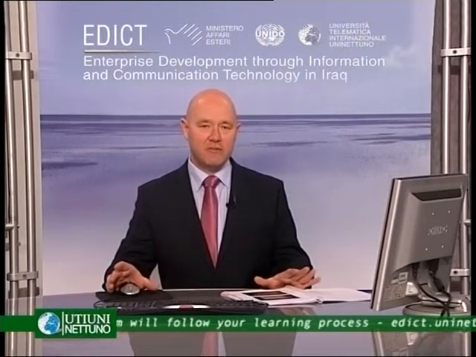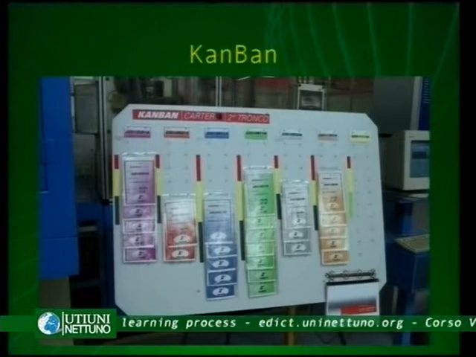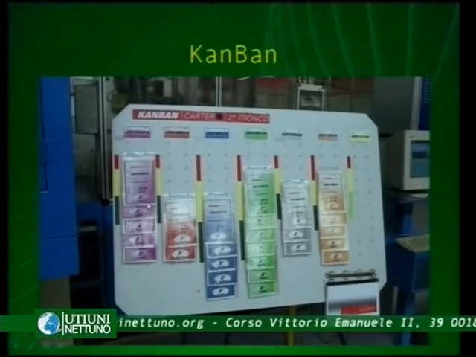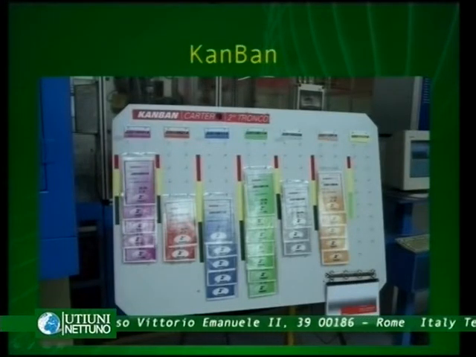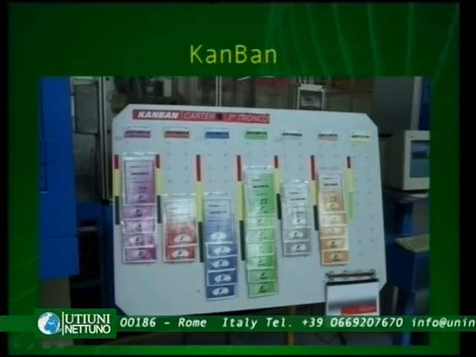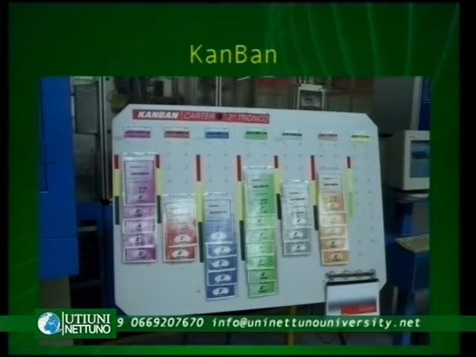The system is highly visual. In this particular graphic, the cards in the little plastic wallets would be regarded as an individual Kanban. If you notice green, yellow and red, this graphic gives you the opportunity to see how it's possible to visualize where the priorities are in any manufacturing facility.